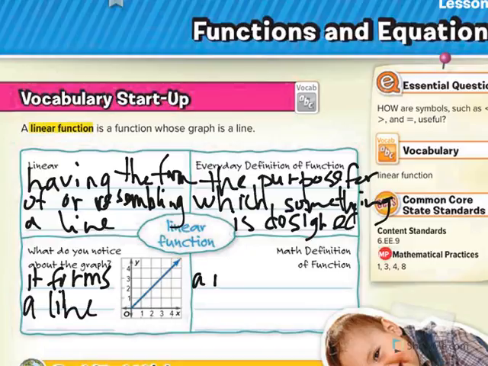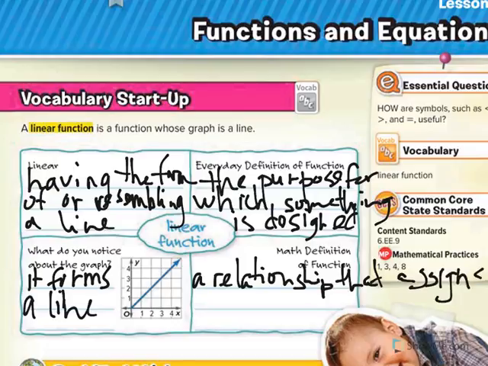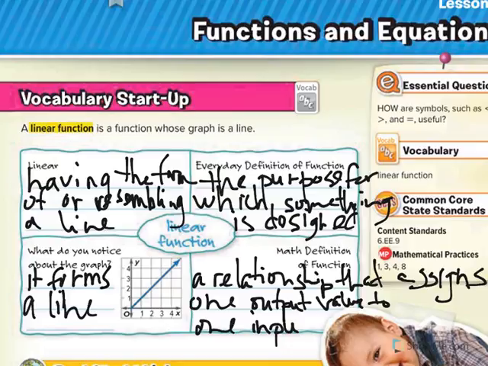So it's a relationship that assigns one output value to one input value. We're going to go ahead and use now our understanding of a linear function to take a look at the examples on the next page.